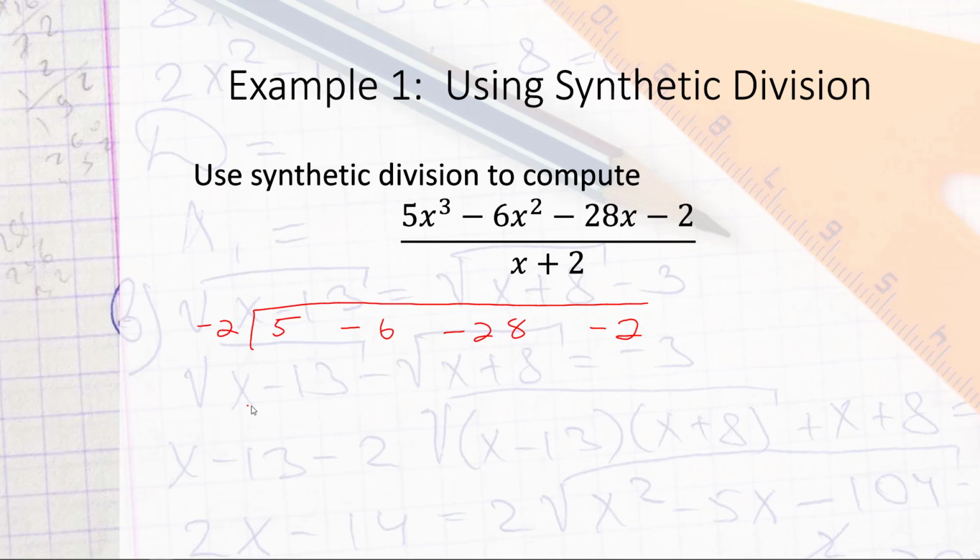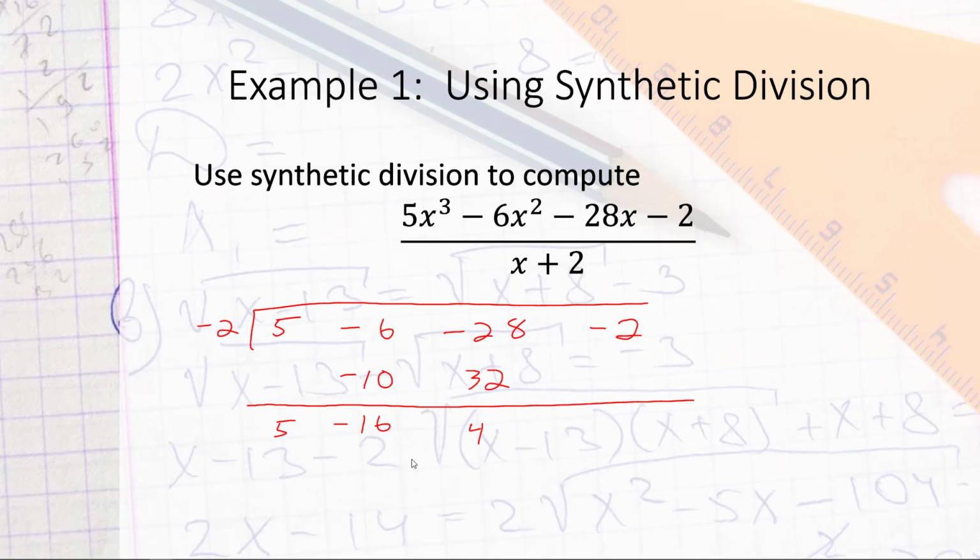Then we want to draw a line down here, and I'm going to repeat my 5. Here we go. -2 times 5 is -10, so I'm going to put -10 here. -6 plus -10 is -16. -2 times -16 is +32. -28 plus 32 is 4.